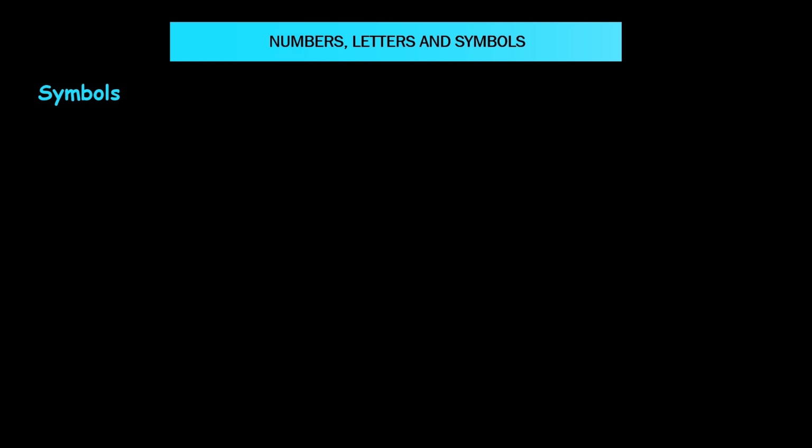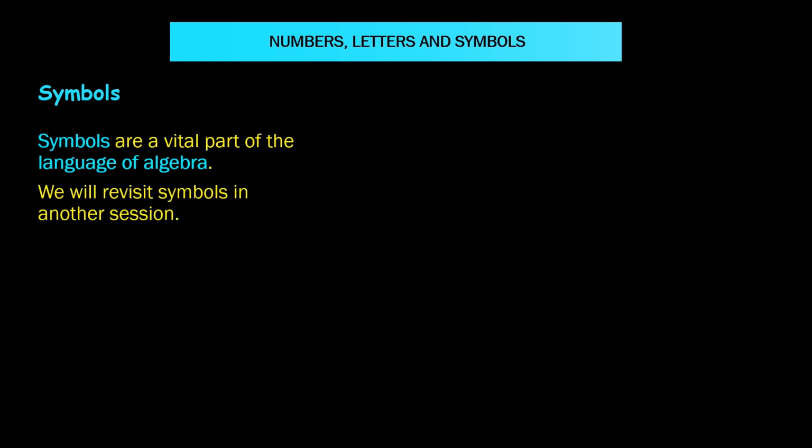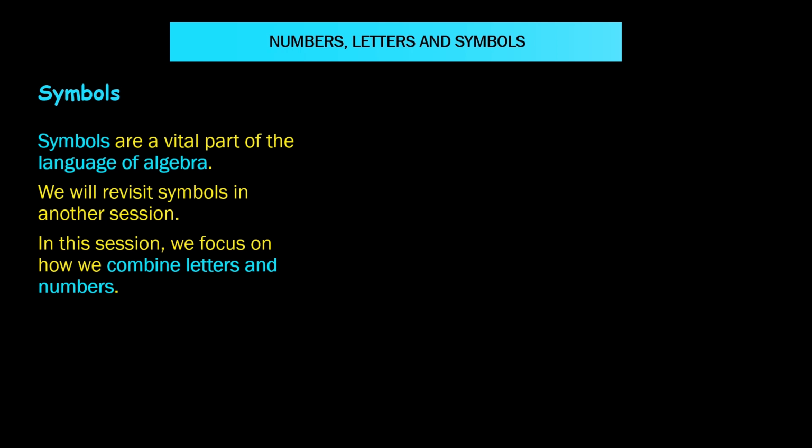Let's now take a look at symbols. Symbols are a vital part of the language of algebra. We will revisit symbols in another session. In this session, we focus on how we combine letters and numbers.